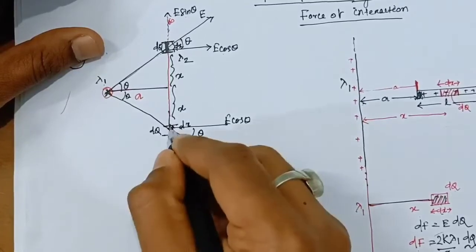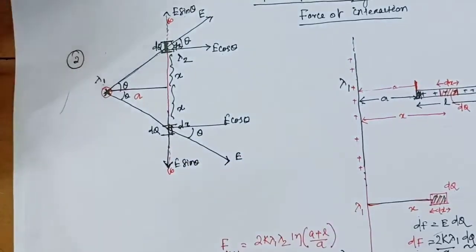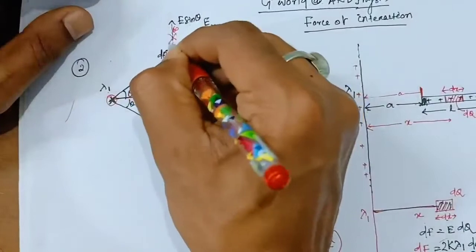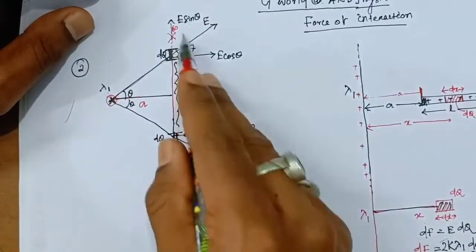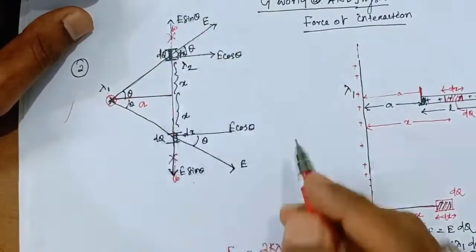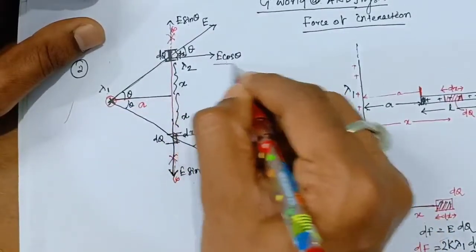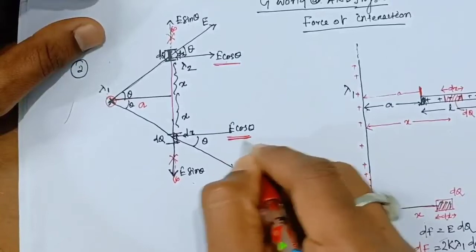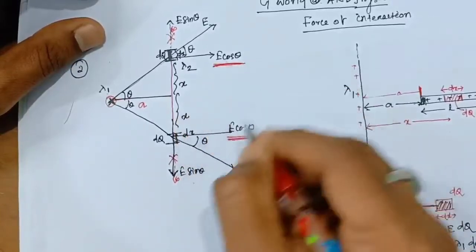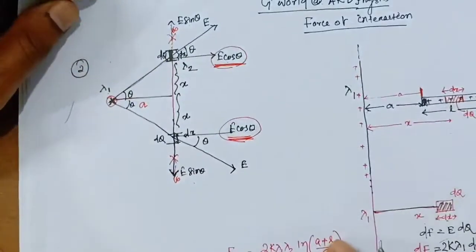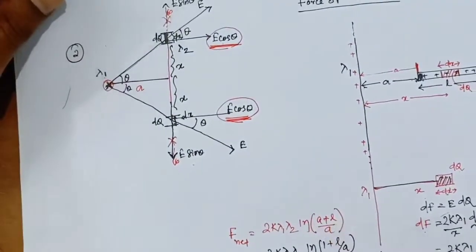If someone carefully observes the symmetry, the E sin theta components are equal in magnitude but in opposite directions, and the net electric field will be E cos theta plus E cos theta. This will be the net electric field, in the E cos theta direction. So what is the expression of force?